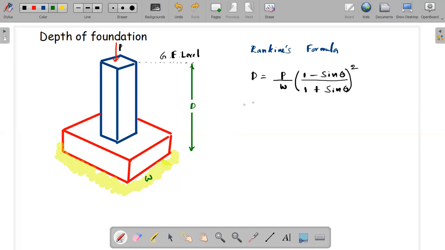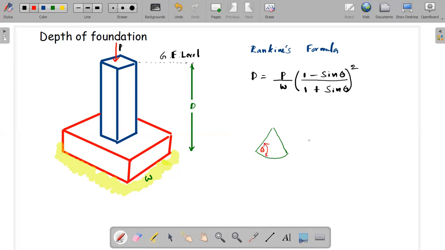Now the final question, what is theta? Theta means, I told you there is a soil, and we need to investigate that soil. We can take some soil and put it on a pavement or in a plot. If we put that soil, we can see it forms a cone. This is a 3D view. This is the angle theta.